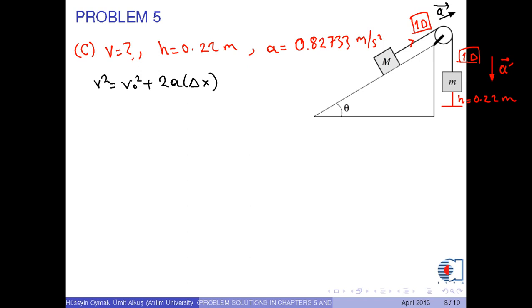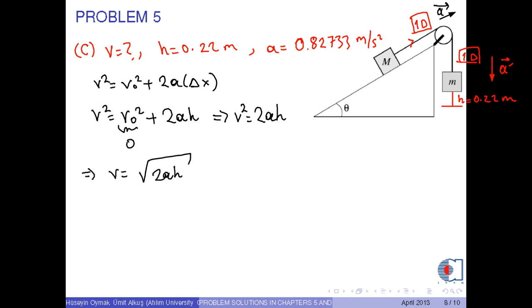We use the formula found in chapter 2, which relates velocities to acceleration and distance only. That is, v squared equals v0 squared plus 2a times delta x. Here we adjust this equation to our problem as v squared equals v0 squared plus 2 times a times h, or since the blocks are initially at rest, we obtain v squared equals 2 times a times h.